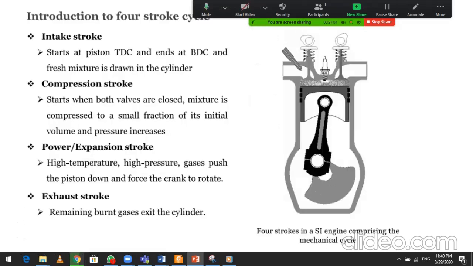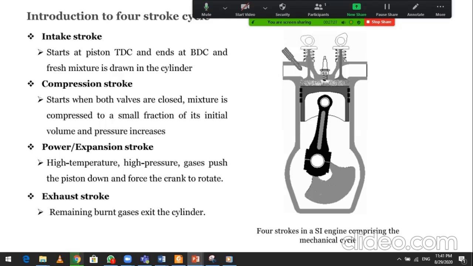So, as an introduction, we want to again discuss the four-stroke engine. Four-stroke in an SI engine comprises the mechanical cycle. The intake stroke starts at piston TDC and ends at BDC, when the fresh air-fuel mixture is drawn into the cylinder.